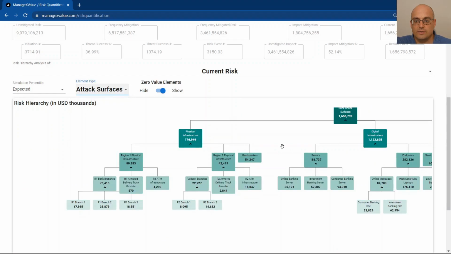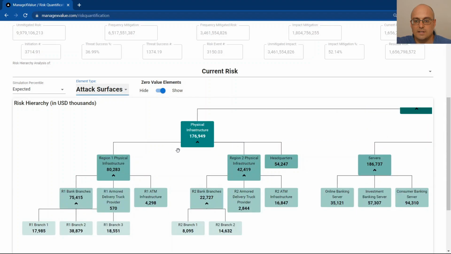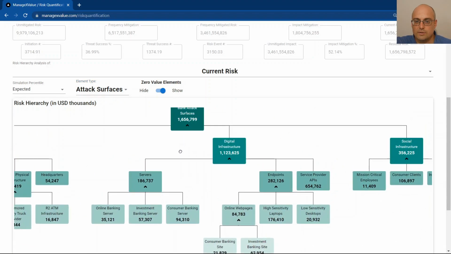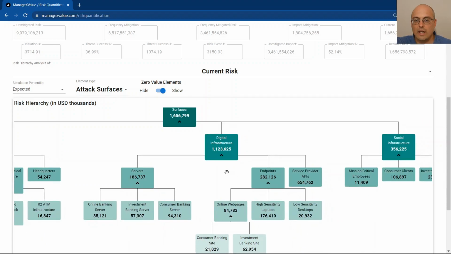Then from an attack surface perspective, you can see the physical infrastructure of the organization, which could be targeted by various threats, and the digital infrastructure, which as you can see covers most of the risks for the organization. So again, we should probably start focusing on the digital infrastructure.